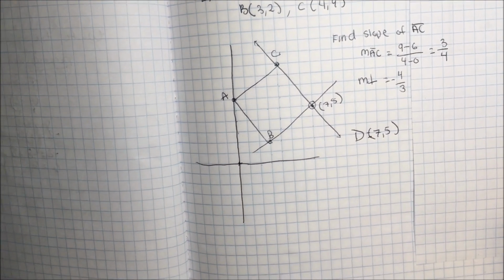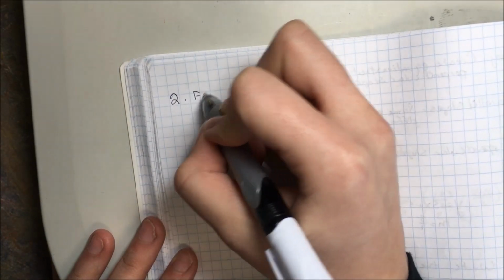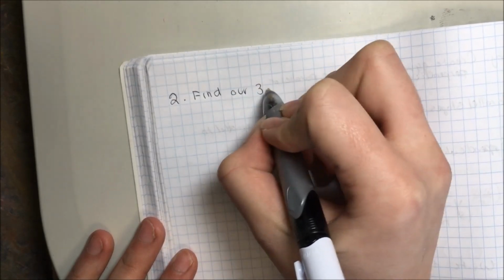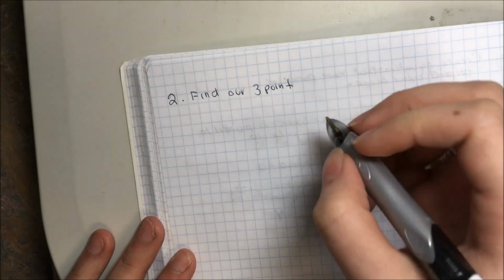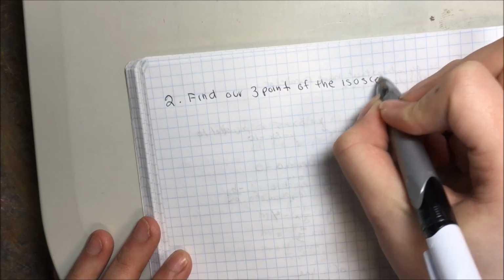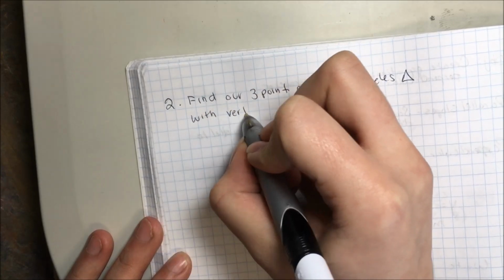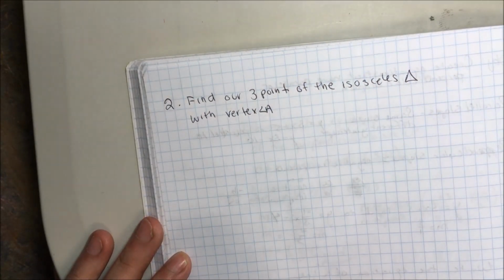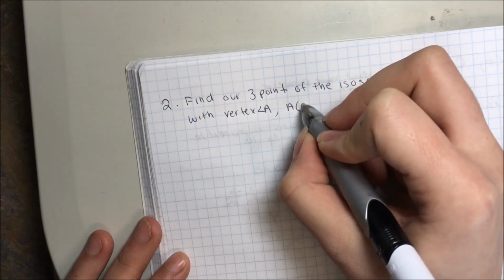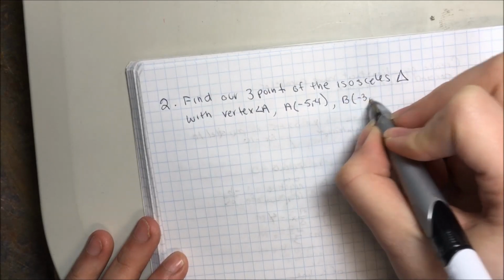So now we're going to go on to a second example. For this one, we're going to find our third point of the isosceles triangle with vertex A, and point A, which is (-5, -4), and B, which is (-3, -8).